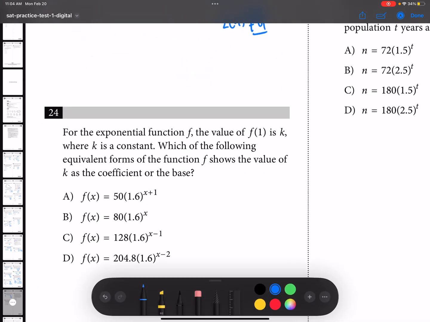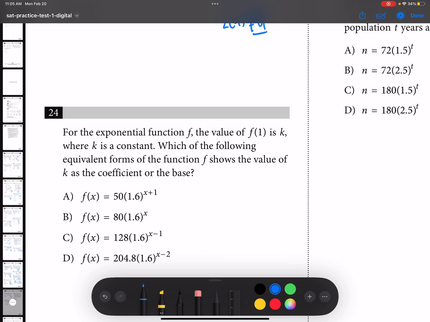Number 24. For the exponential function f, the value of f of 1 is k, where k is a constant. Which of the following shows the value of k as a coefficient or the base? I'm going to start with the form of the function, and we're going to use f of 1 to see which one is a constant.